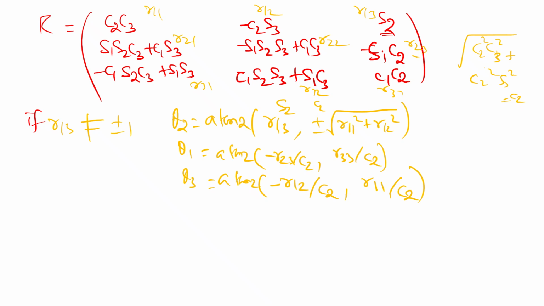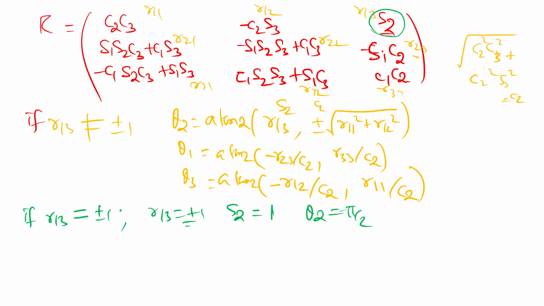Let's take another example. This is very important: suppose R13 is equal to plus or minus 1. Say, for example, R13 equal to plus 1. So your R13 is S2. S2 will be 1 when theta 2 equal to pi by 2, when theta 2 equal to 90 degrees.